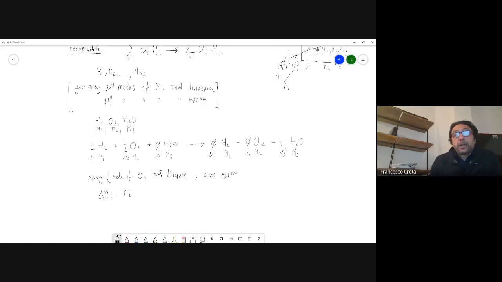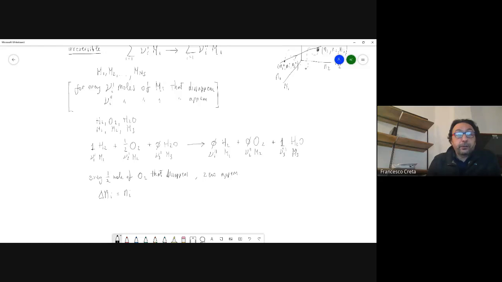So in fact, it's pretty useless to even talk about an equilibrium condition because we already know what the final composition is. You'll see that real processes, not real processes, but actual stoichiometric reactions are reversible.